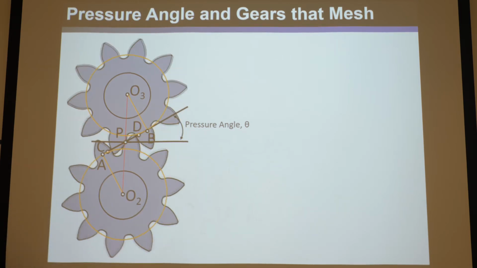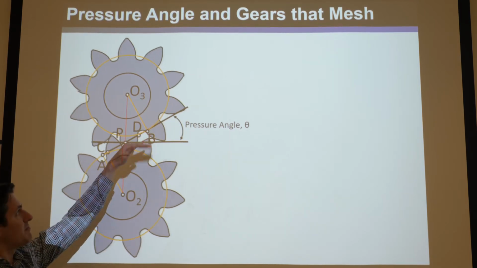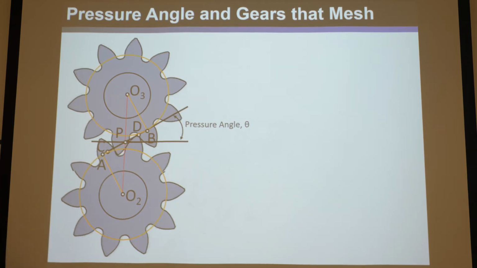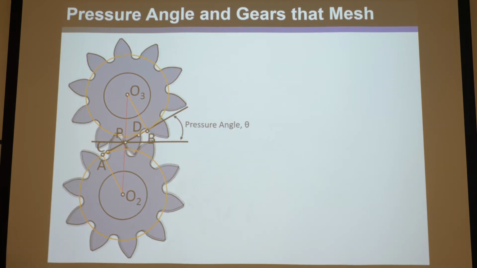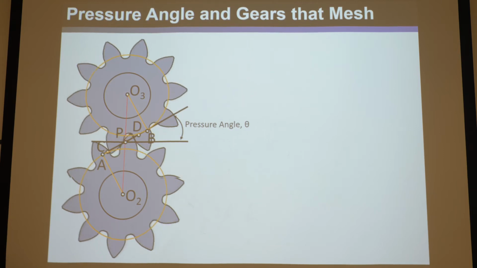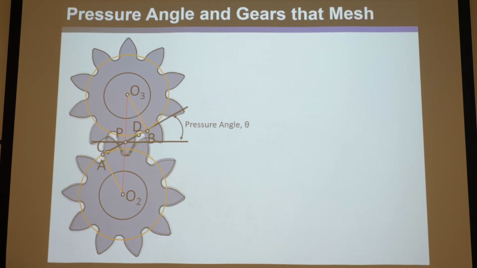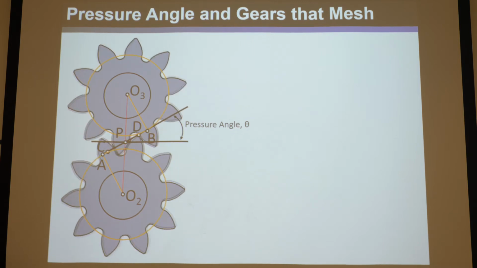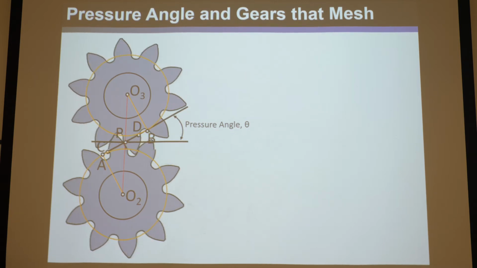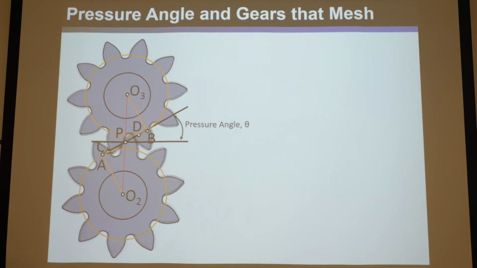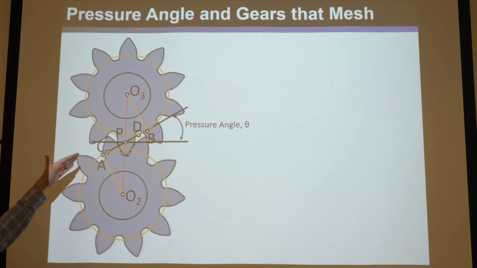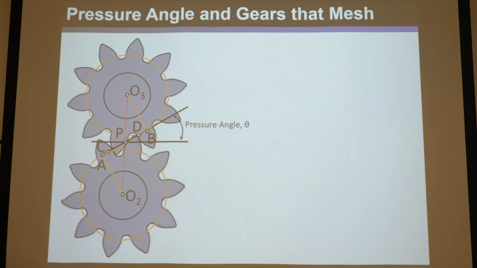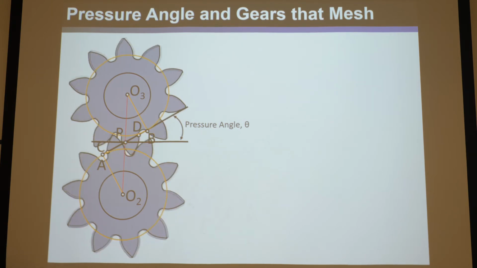Okay, so the pressure line, so this black line going up here. Okay, that's the pressure angle of a gear set. Now remember, you have to have a set of gears to have a pressure angle. I can't just give you a gear and say what's its pressure angle. It doesn't exist until you mesh it with another gear. Once you mesh it with another gear, it is the angle between the line of action and that horizontal line there. Okay, that's perpendicular to the line of centers. Okay, so I said that right this time.